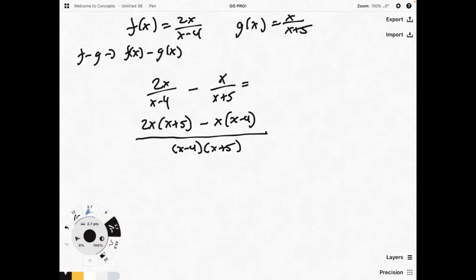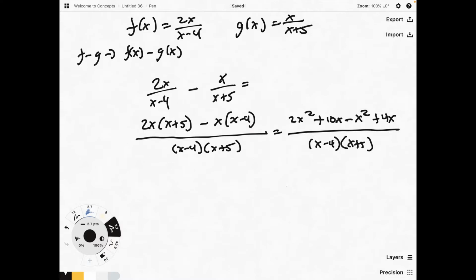When we simplify, that's going to leave us with 2x squared plus 10x, minus x squared plus 4x, still over our x minus 4 and our x plus 5.